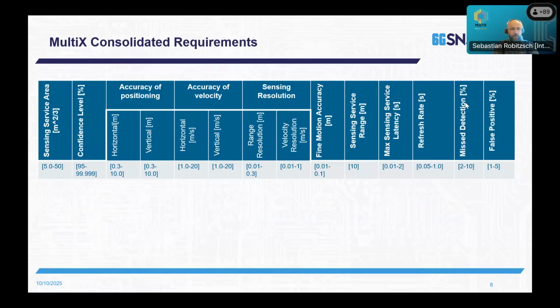You see our performance requirements for typical sensing KPIs, and the notation of 3GPP in brackets, since it's hard to identify any normative work that has already been published. So these are our numbers that we believe we want to achieve, and you can see the range of all the use cases. With that, I would like to hand over to the next one.